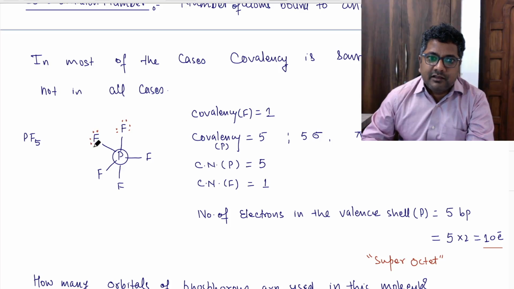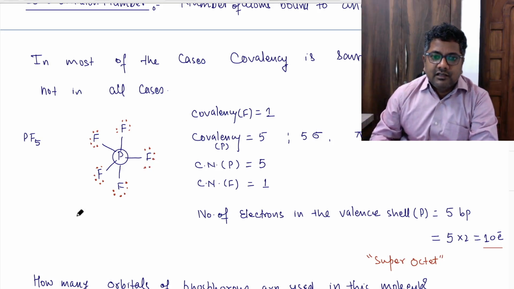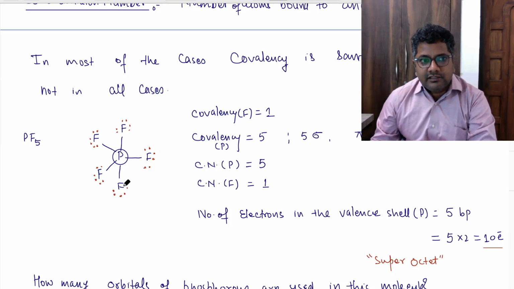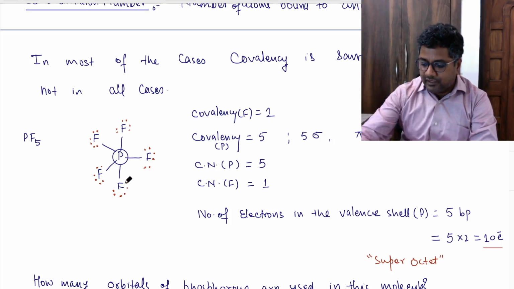If you examine fluorine here, how many electrons are in its valence shell? 8. Because fluorine cannot violate the octet rule, because it belongs to the second period, so it cannot have more than 8 electrons in the valence shell. So in fluorine, number of bond pairs plus number of lone pairs is equal to 4, right? And 4 orbitals are definitely involved here in case of fluorine.